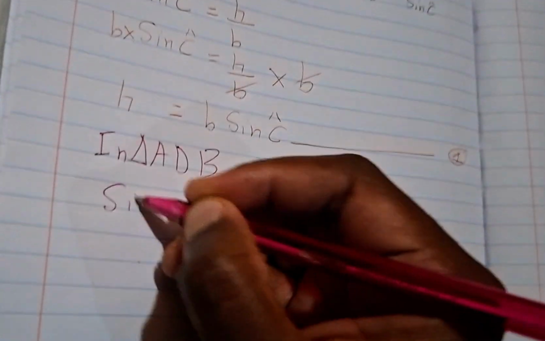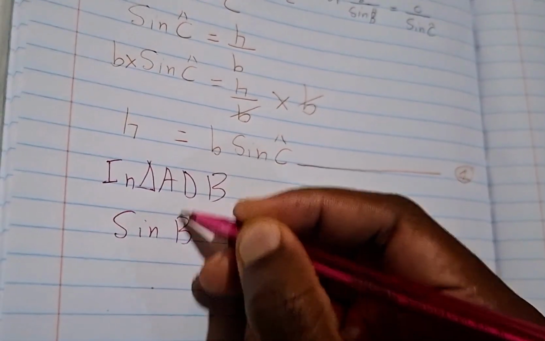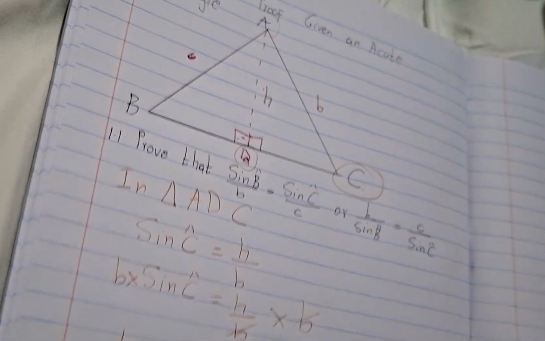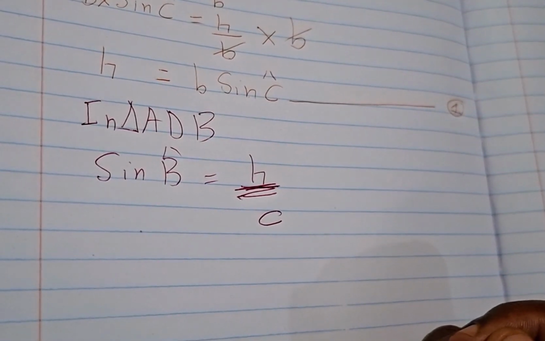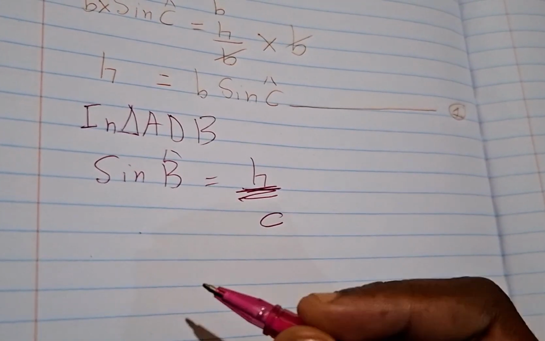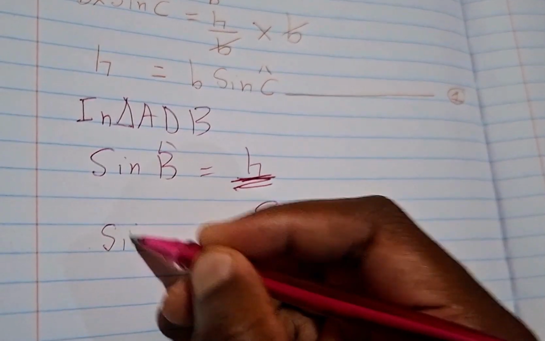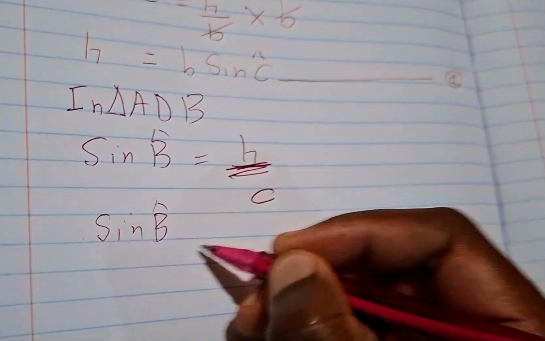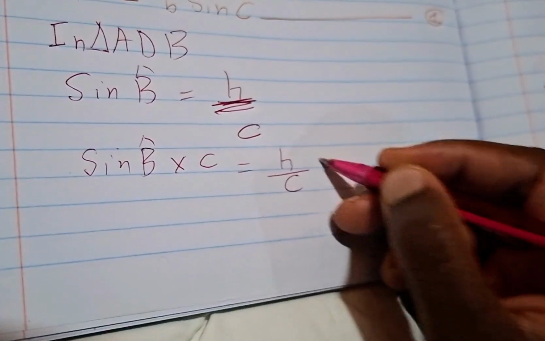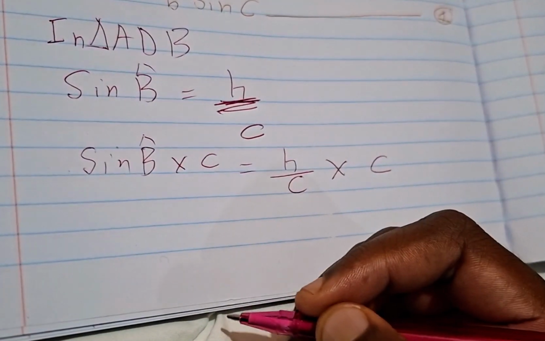So sine angle B equals h divided by c. Now let's solve for h, which is our height, meaning we multiply both sides by c. So sine B multiplied by c equals h divided by c multiplied by c.